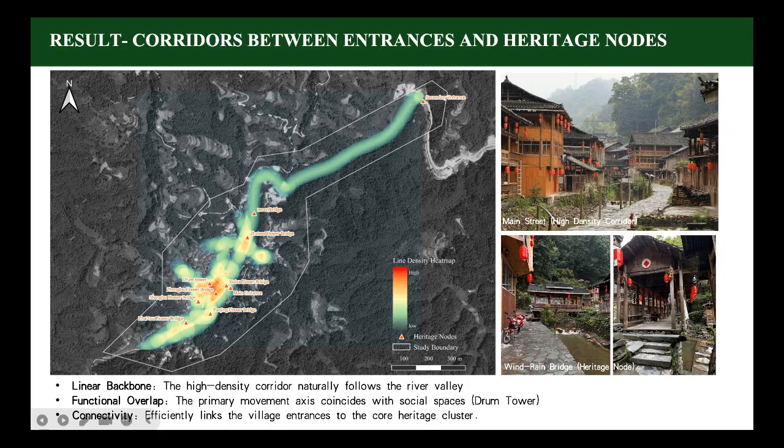Importantly, this core closely aligns with the Drum Tower area, which functions as the social and cultural center of the village. Overall, the pattern suggests a strong spatial logic in Dali village. Key heritage spaces are located within the most connected and most traveled part of the network, which helps explain both the accessibility advantage and potential congestion risk.